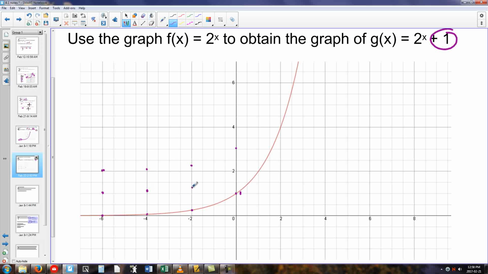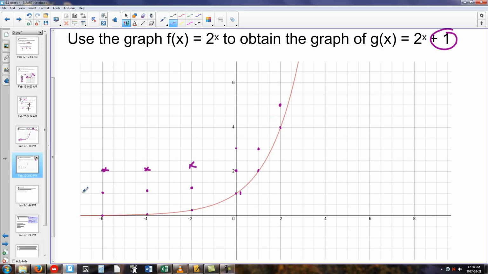This will come up to halfway, so ignore those for me. This one will come up to about here. This point here will come up to about here. Am I doing that right? Yeah. Let's do this point here. Come up to about there. And we're kind of running out of room.